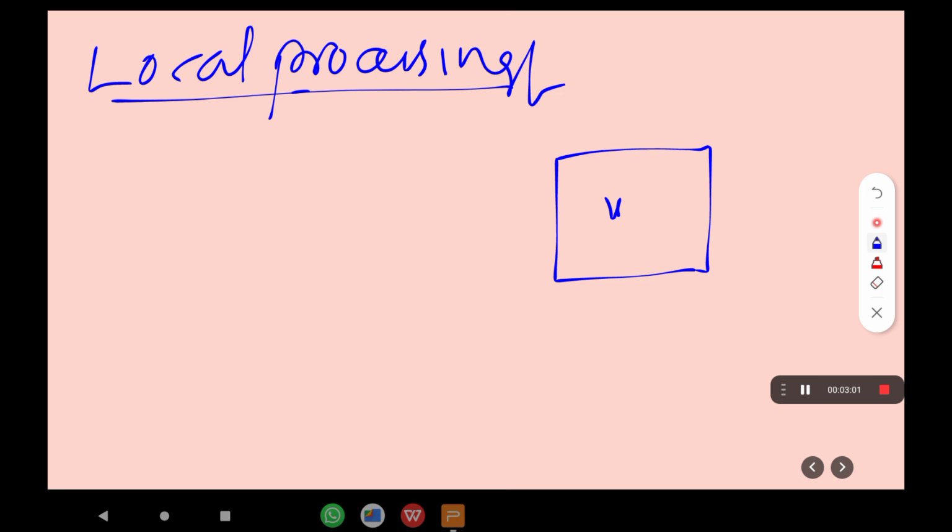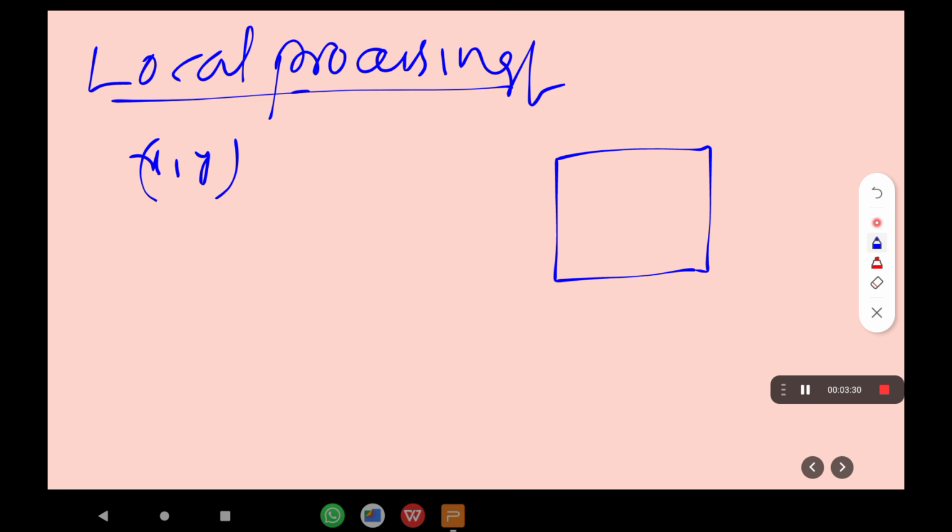If x comma y is the image pixel, you have to identify the corresponding characteristics at every point x comma y that has been declared an edge point by one of the techniques discussed previously in edge detection.